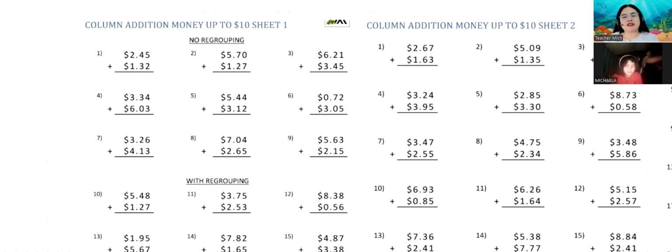So, for example, like you told me, you are buying something in your canteen, or you can also buy something in the sari-sari store. Okay, so for example, there is a centavo. So how do we know if our money is enough?